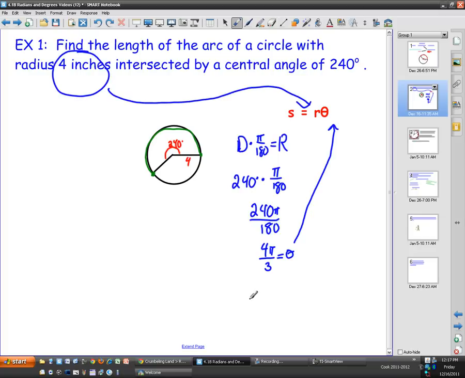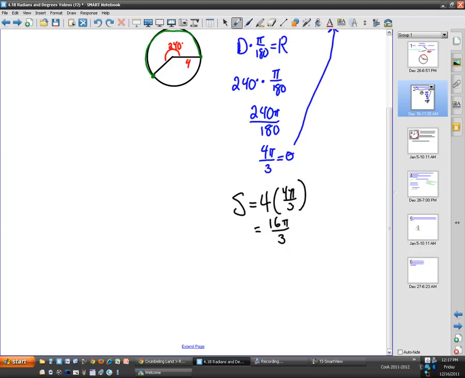My arc length, S, will be 4 times 4 pi over 3. Multiplying that out gives me 16 pi over 3, which is approximately 16.76 inches. That's how far I would have to walk from the start of my angle to the end of my angle.